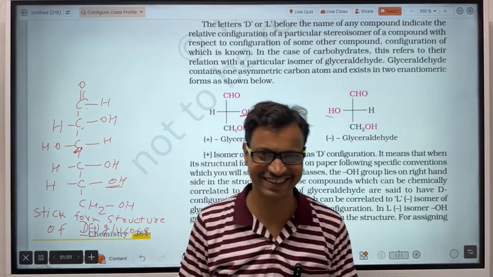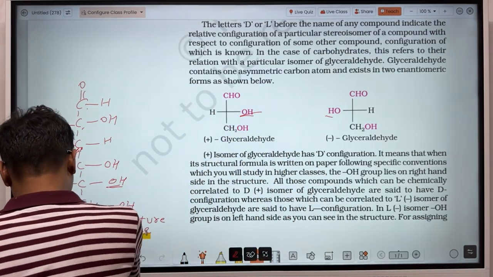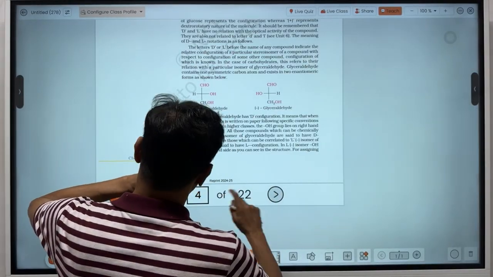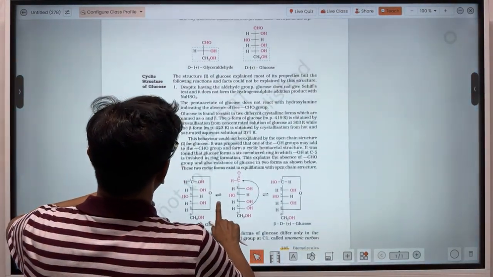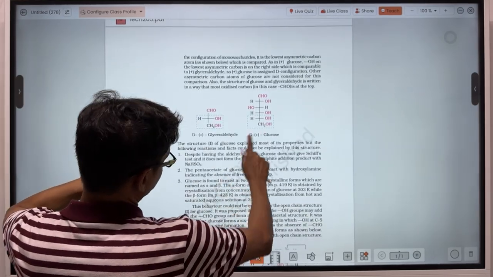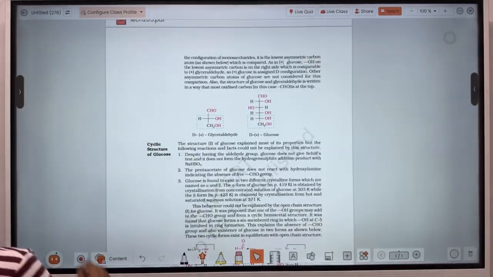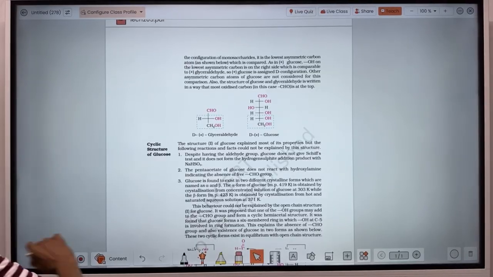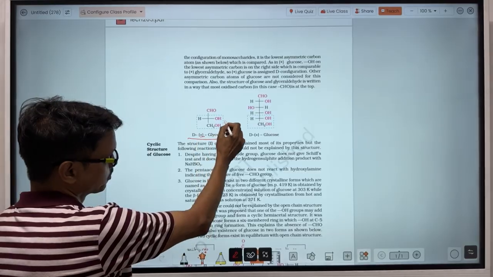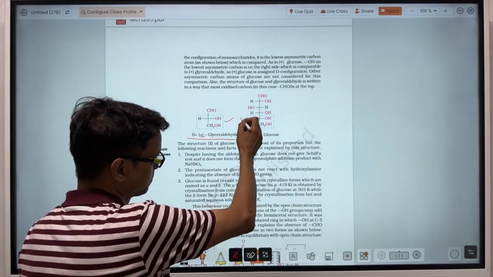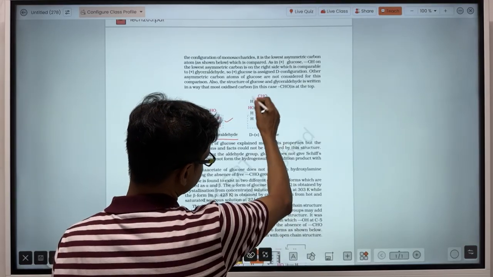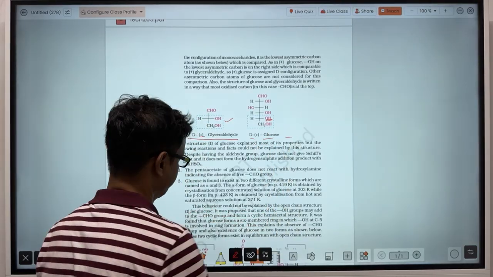Okay guys, clear here? That was the stick form structure of glucose. So that has been drawn here. Let's see what's in the book. D(+) glyceraldehyde: configuration is D and it is a dextrorotatory compound. In the case of glucose also, the OH group is towards the right hand side here, so it is also D(+) glucose.